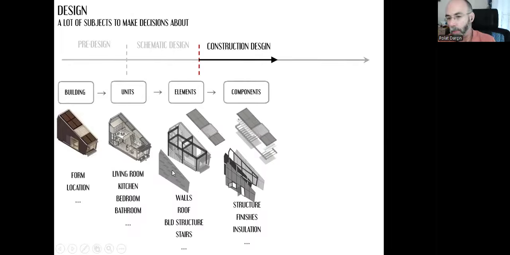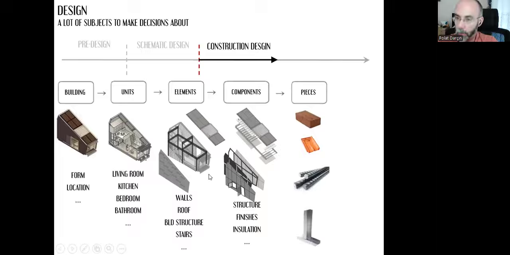However, each one of these elements, like this wall or this roof, can have its own structure as one of its components. Like this wall structure, it's the middle part or main body of the wall. Like this roof structure, it's the middle or body part of the roof. And we can think about finishes and isolations. And we need to figure out what kind of pieces we need in order to create these components.